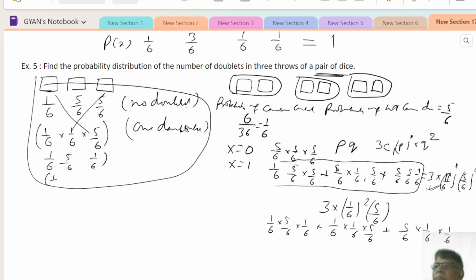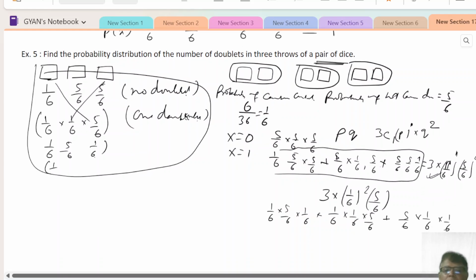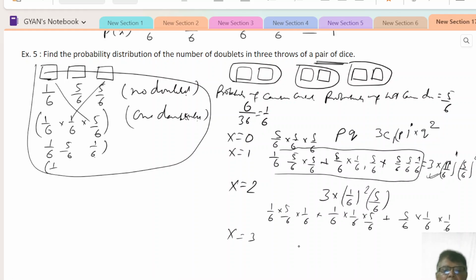Now this is for two doublets, x is equal to 2, and x is equal to 3 doublets.